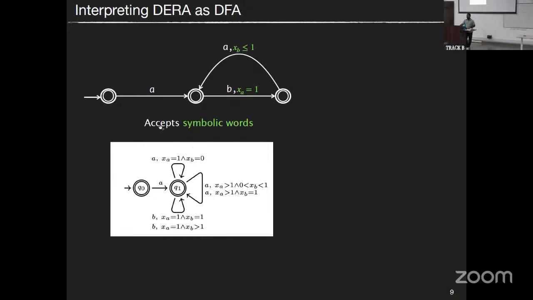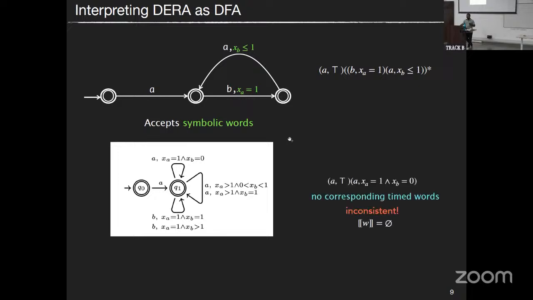You can say this ERA is accepting words where true means no guard: a comma true, and b with guard x equals 1, and then a with guard x minus b less than or equal to 1, and the whole thing starred. You can think of the language of this ERA to be concretizations of words of this form. But when you do this for the other automaton, you will see there is some inconsistency.